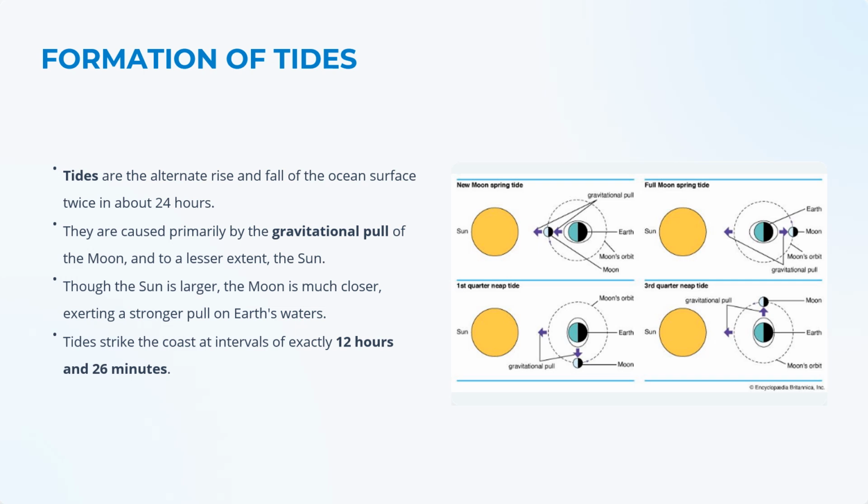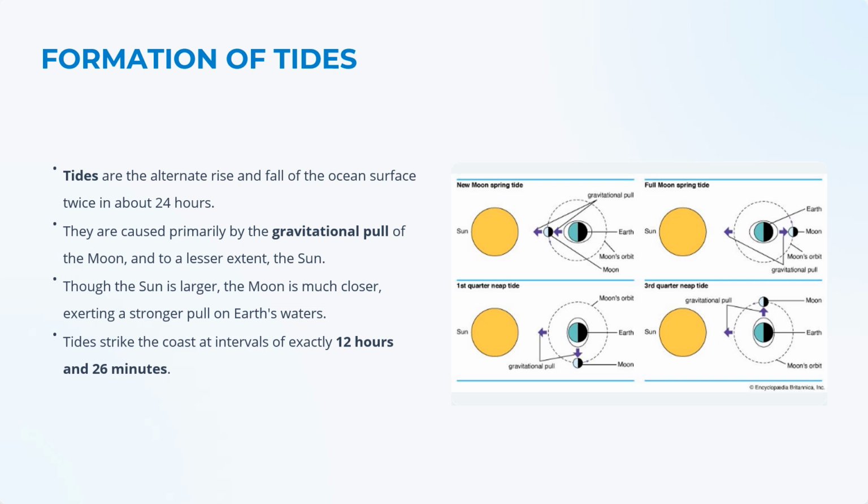Tides are alternate rise and fall of the ocean surface twice in about 24 hours. They are caused primarily by the gravitational pull of the moon and to a lesser extent the sun. Though the sun is larger, the moon is much closer to Earth, right? Exerting a strong pull on Earth's water.